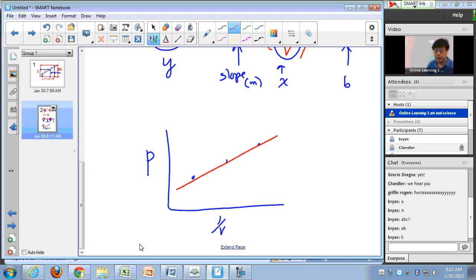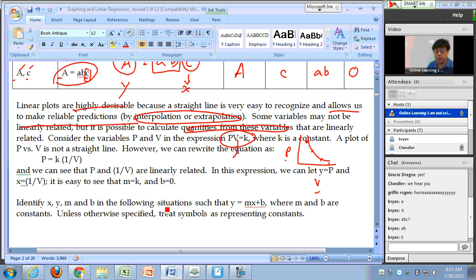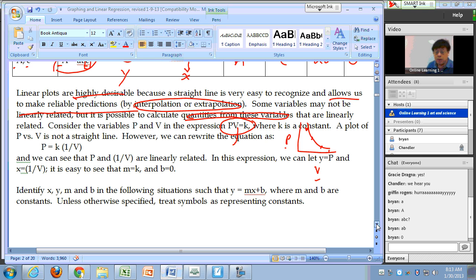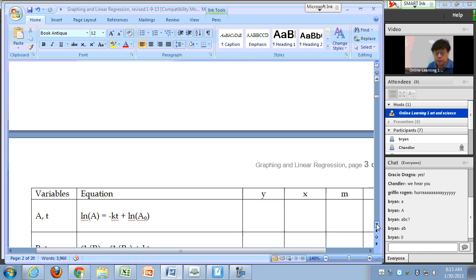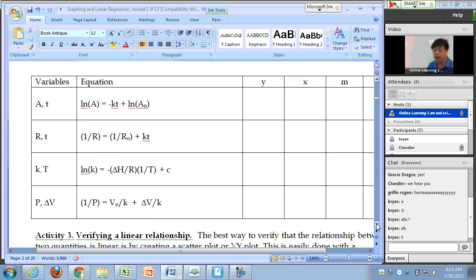Okay? So let's look at a few examples of data that you can plot as a straight line. Let's say you have over here natural log of A, where A, let's say, is the concentration.